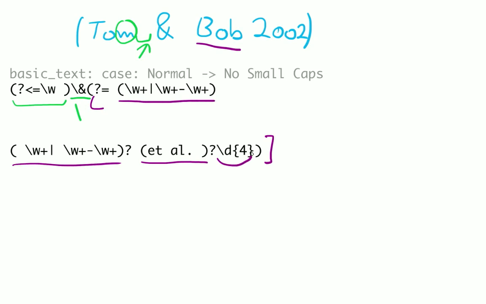However, there always has to be the year of the publication. If these conditions do match, only the and symbol gets the format applied by GREP. And in this case, the format is that we have no small caps applied because the case is normal.